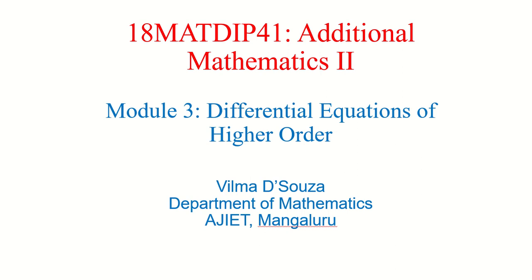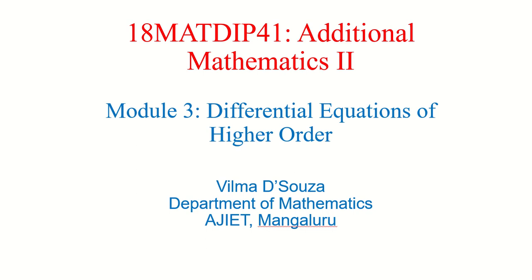So in the previous video sessions we have seen how to find the complementary function of a differential equation of higher order. The solution of the differential equation is given by y is equal to CF plus PI, where CF is the complementary function and PI is the particular integral.